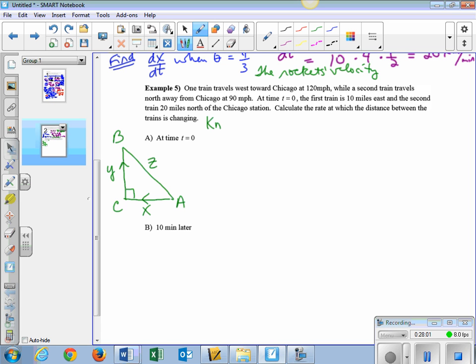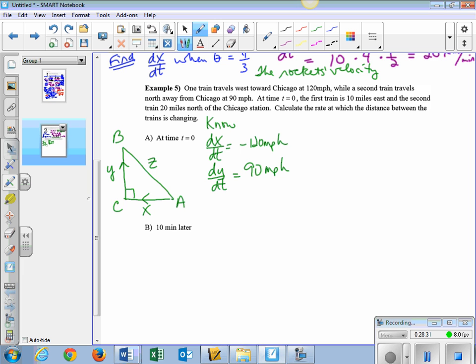So let's figure out what you know. Do you have dx/dt, the one going towards Chicago? West, we said, would be a negative, so I know my dx/dt would be negative 120 miles per hour. And then the other one, my dy/dt, would be positive 90 miles per hour.